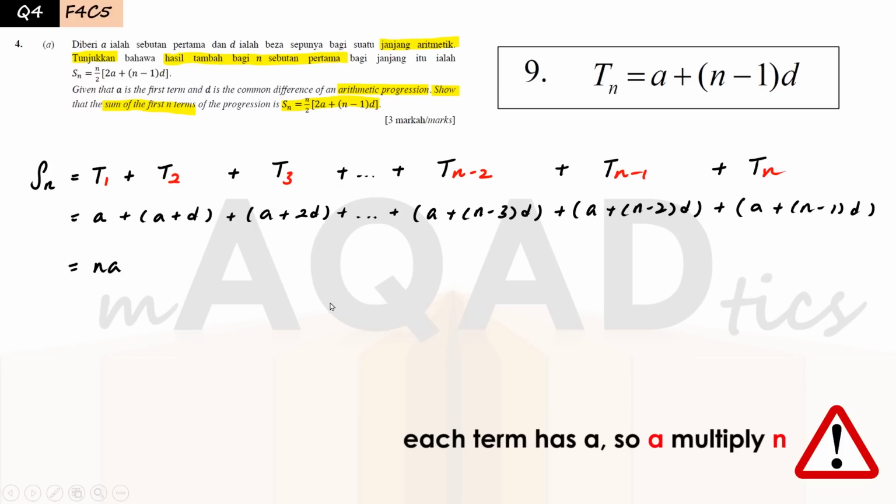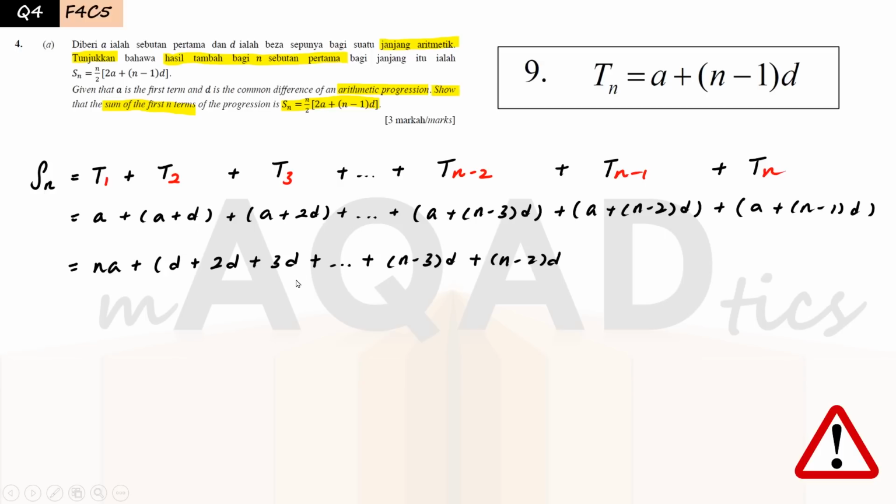For the value of d, I'm going to group them in this way first. Now let me compare with the formula here. For part d, we have the bracket n minus 1 times d, which is the value at the end of the bracket here.